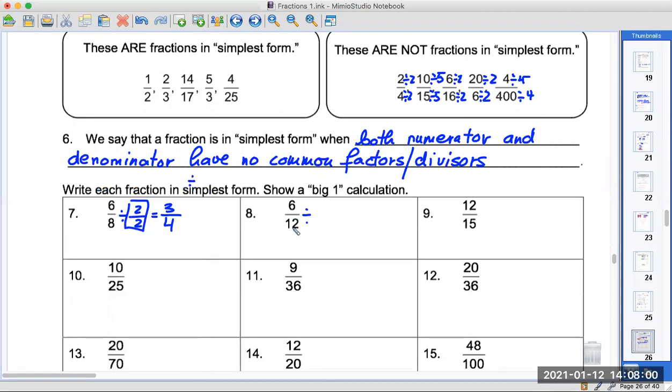Okay, so 6 and 12, you can divide by 6, both top and bottom. So I'm going to make that my big one. 6 divided by 6 is 1. 12 divided by 6 is 2. So this is simplest form. This one, I'm thinking numbers that go into, I think, 3 and 3. 12 divided by 3 is 4. 15 divided by 3 is 5.